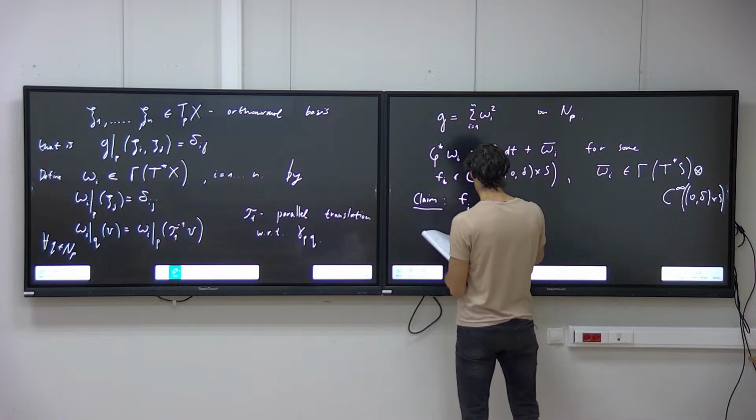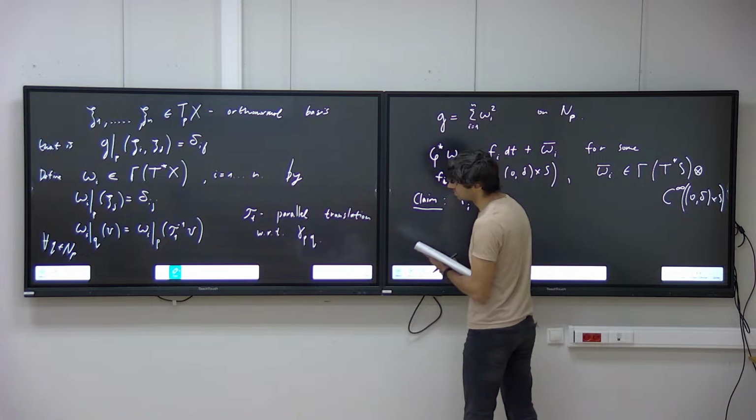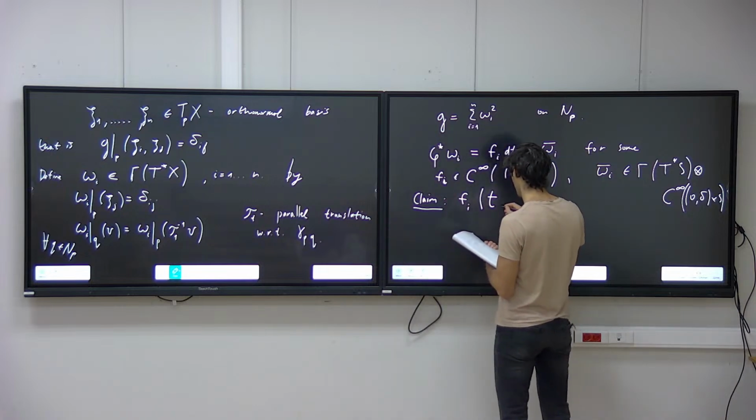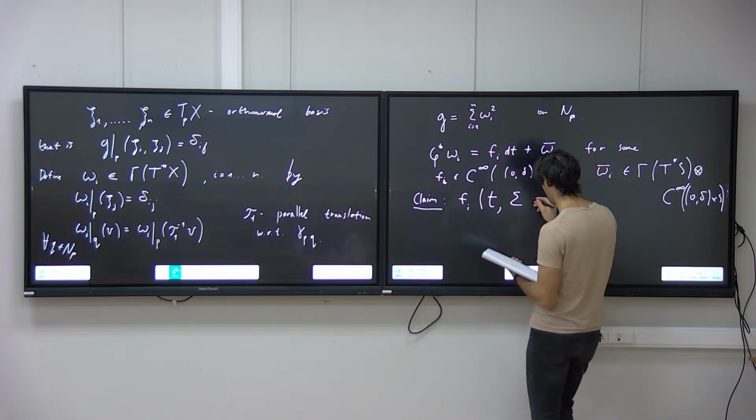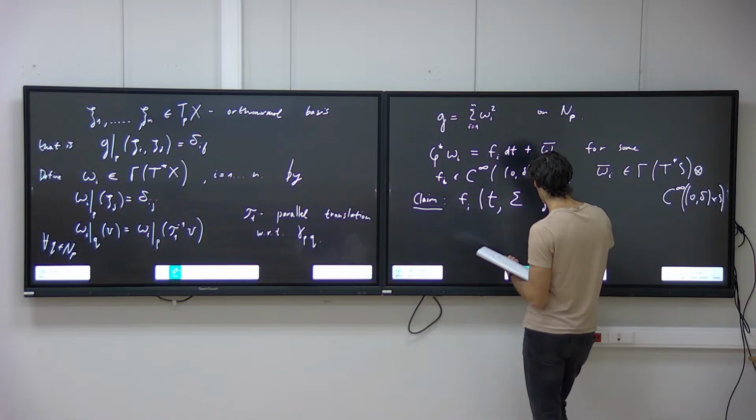So fi takes values in 0 delta times s, so it's a pair t, and then on s, I can expand any vector on s in terms of xi j, sum of aj xi j, j from 1 to n.